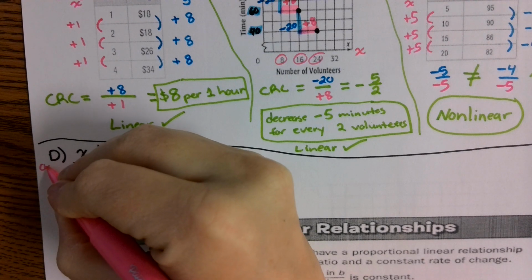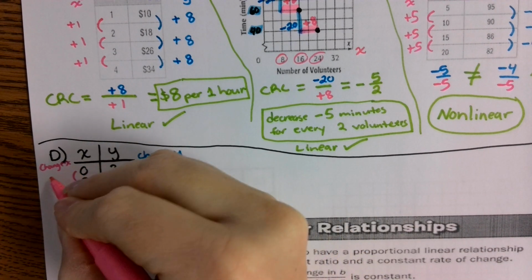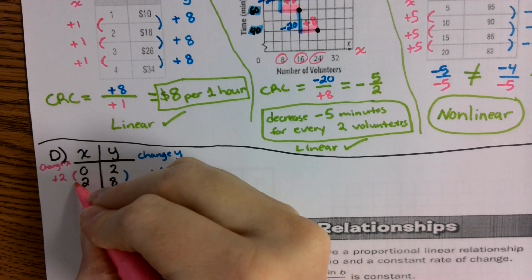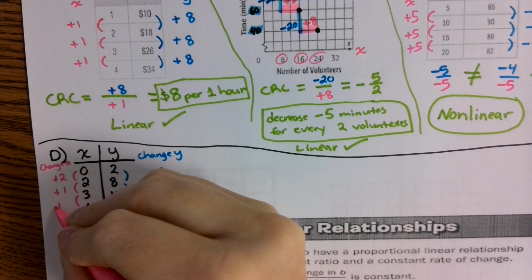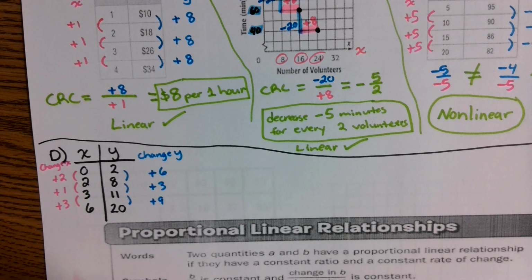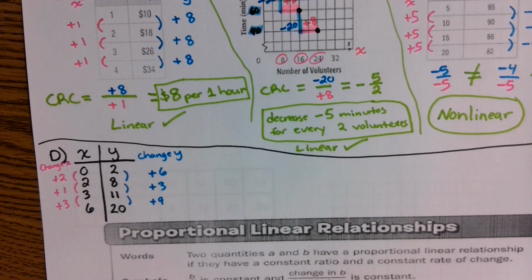So when I'm taking a look at the x values, I'm going from 0 to 2, which is a plus 2. From 2 to 3, that's a plus 1. And from 3 to 6, it's a plus 3. So again, those are very different as well. So what you need to do is you have to check each and every single change of y over change of x to see if they equate to the same value before you can decide whether or not it is a constant rate of change.